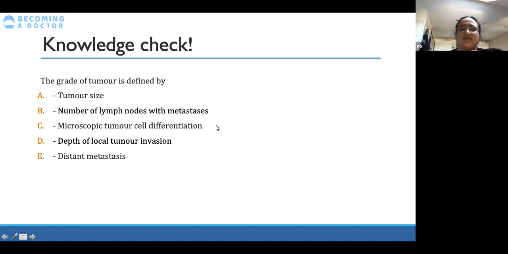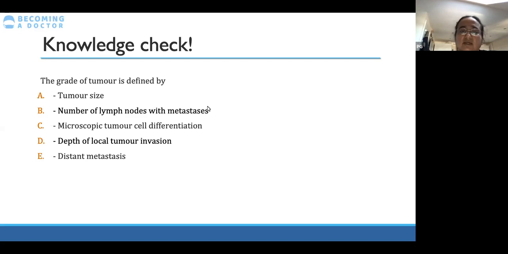Yeah, so the grade of tumour is defined by the microscopic tumour cell differentiation. Differentiation meaning, do the tumour cells resemble the tissue of origin, and how close are they to that tissue of origin?